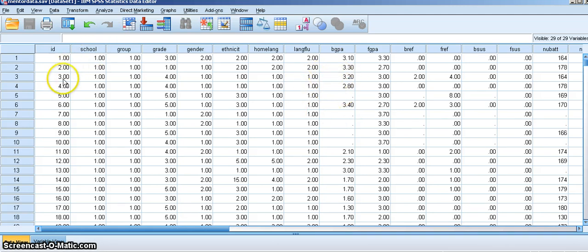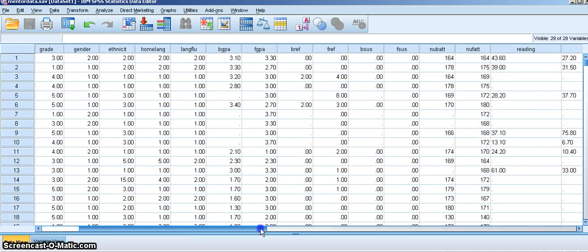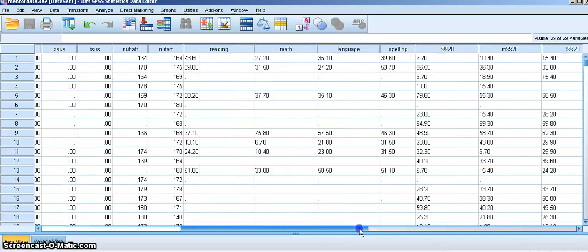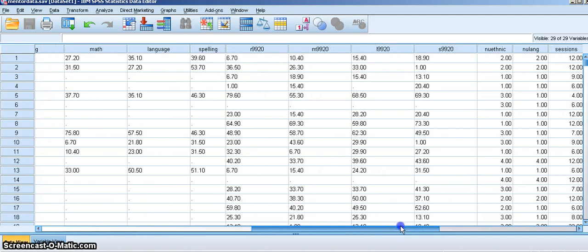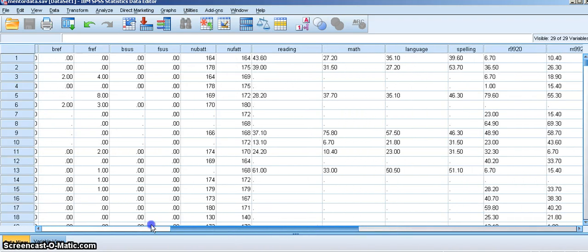So I have a database here of students, and I have different information on them. I have some information for their beginning and final GPA, and also some scores. So I have some beginning reading, math, language, and spelling scores, and these are actually some of their final scores that they received.